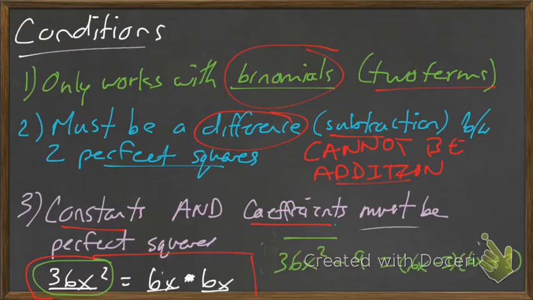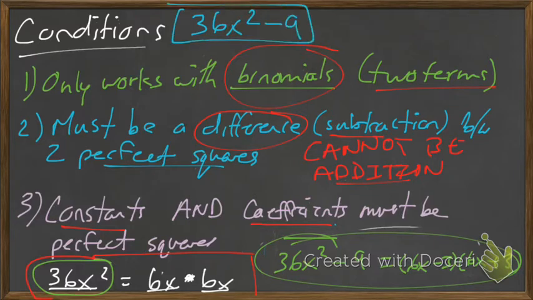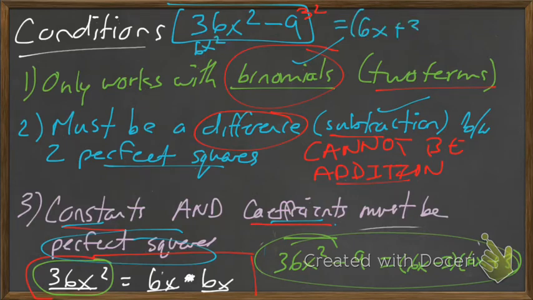At the bottom here, in blue for some contrast, 36x squared subtract 9. This is a binomial, it is subtraction, and the constants and coefficients are both perfect squares, because 9 is 3 squared, and 36x squared is 6x squared. So this value would be 6x plus 3 multiplied by 6x subtract 3.